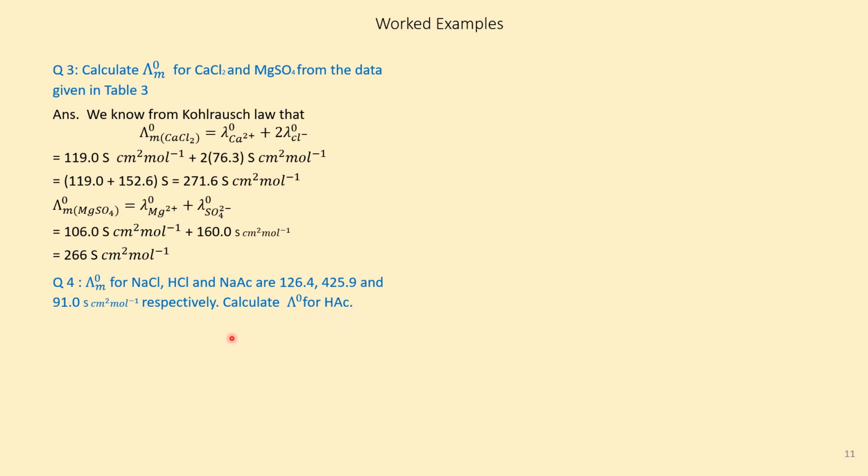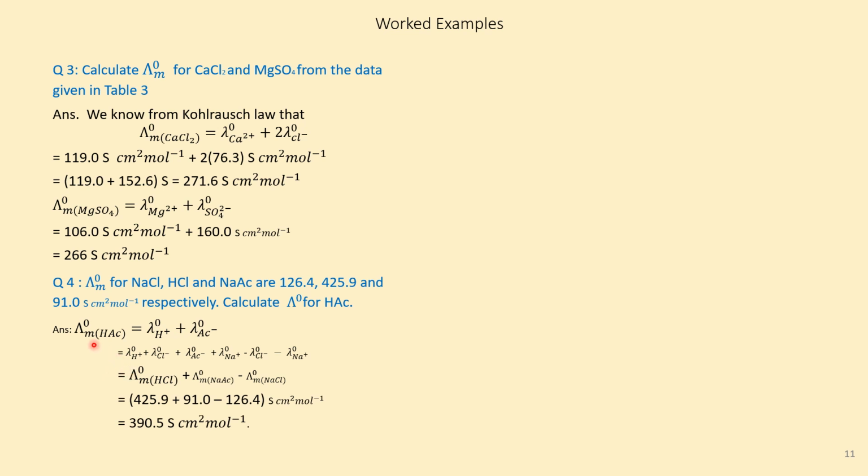Here the value of Λ°m is given for these salts, and we are required to calculate the value for HAc. Again, using Kohlrausch's law, we can substitute the values of λ° of H⁺ and λ° of Ac⁻.